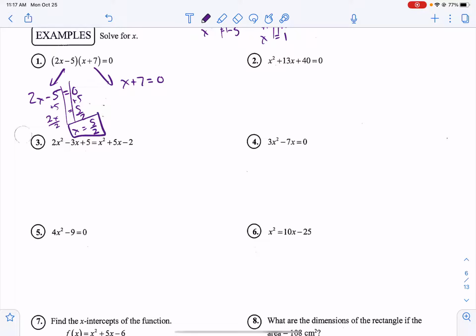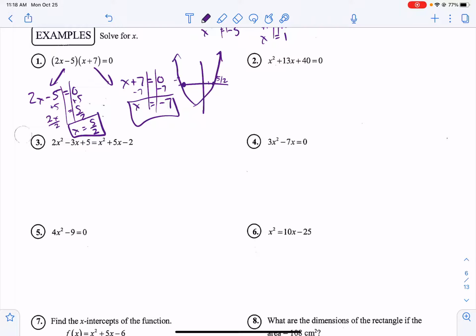That's one of my solutions. And over here, x plus 7, if I minus 7 from both sides, x equals negative 7. That's my other solution. So that means my parabola is going to cross at negative 7, and it's going to cross at 5 halves, which is about 2.5. So that's where my parabola is going to cross the x-axis, at those two zeros, those 2 points.